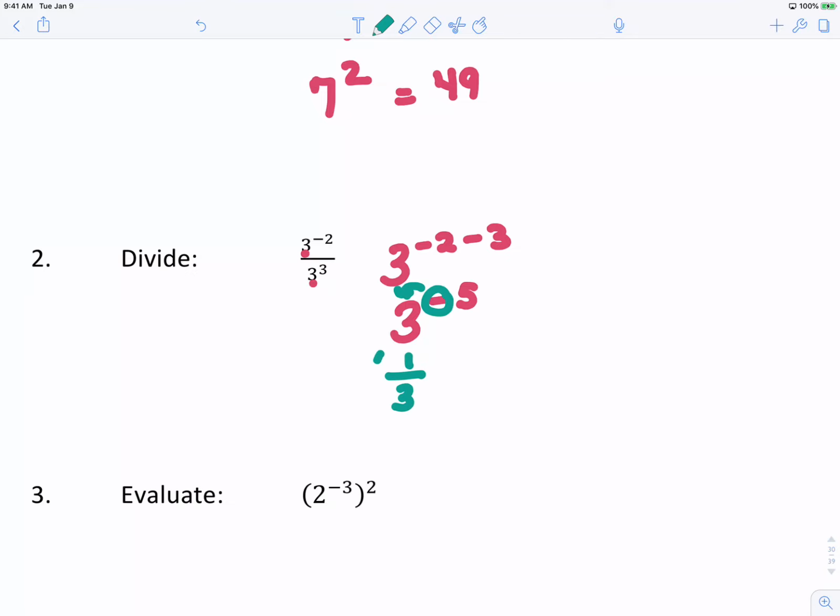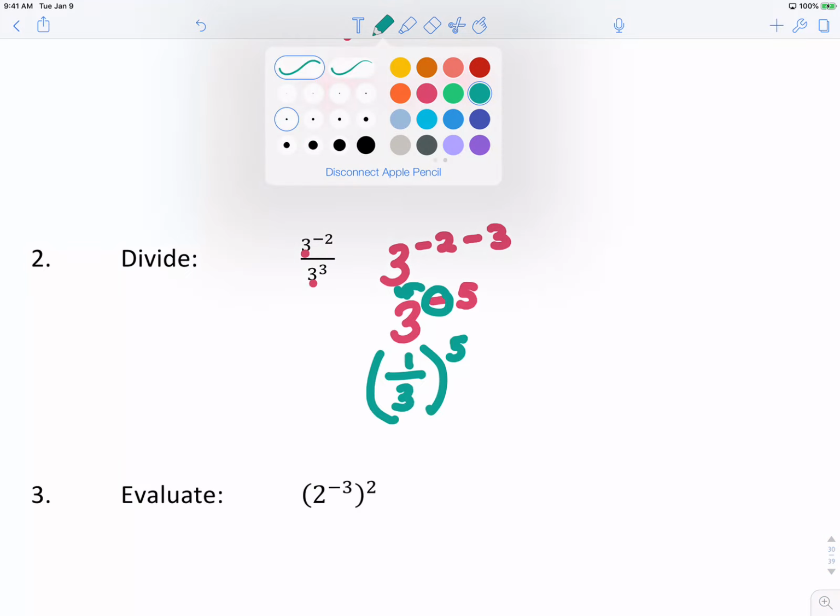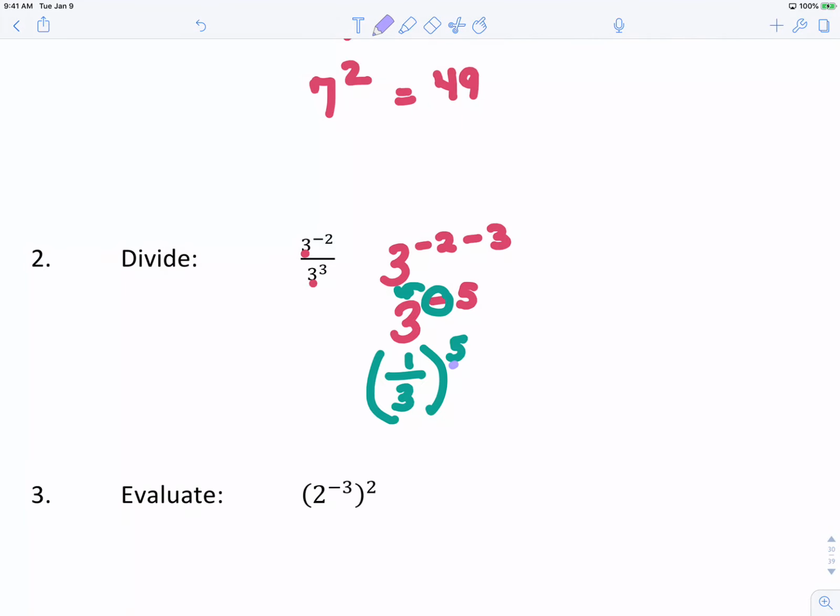So it's going to be 1 over 3 to the 5th. And then we learned the rule, this 5 applies to both parts, 1 to the 5th and 3 to the 5th. 1 to anything is just 1. And 3 to the 5th, if I do it quickly here, 81 times 3 is 243.